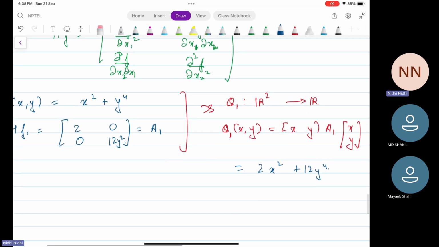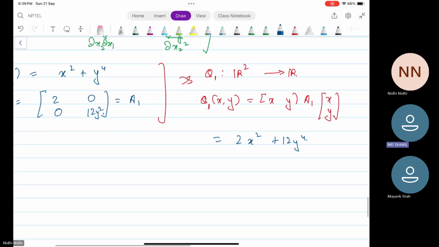So what can you say about this quadratic form? Is it positive definite, positive semi-definite, negative definite, or negative semi-definite? It is greater than or equal to 0 for all (x,y). And where is it zero? It is zero only at the origin; otherwise it can't be zero. So it is positive definite, because for any point other than the origin it is strictly positive.